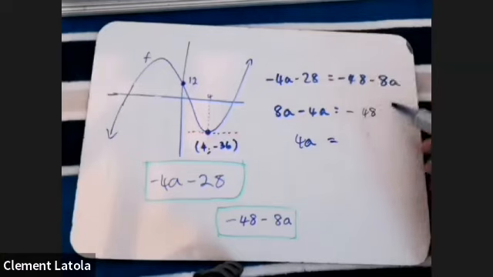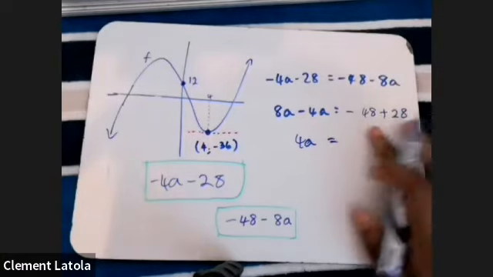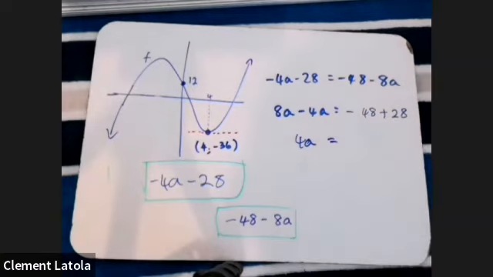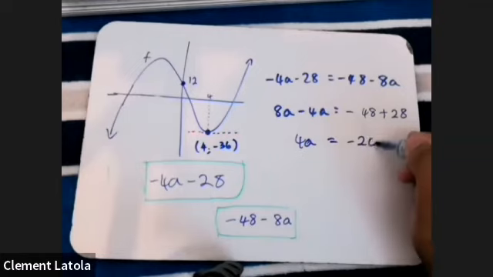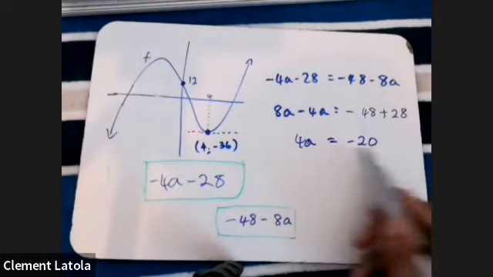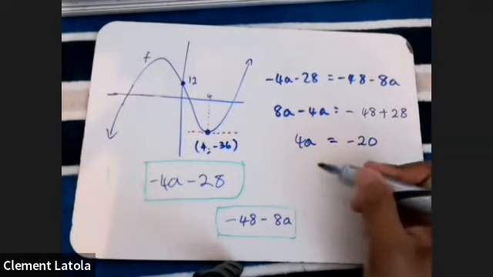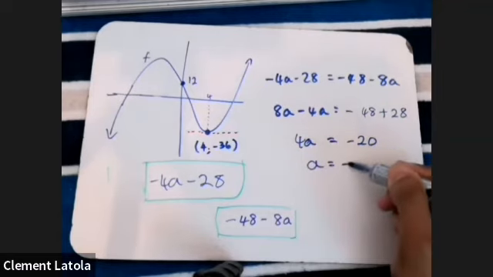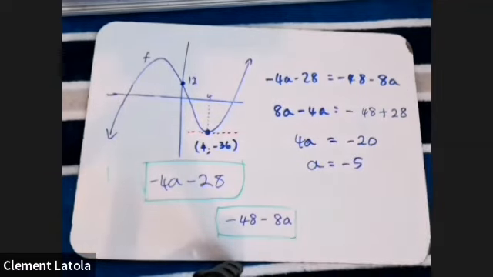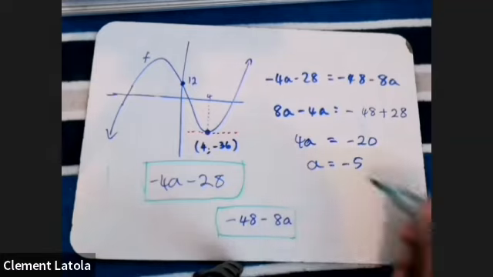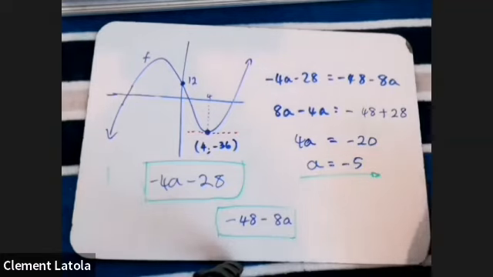You'll have to add that with the negative 48. And so this is equal to, let me do the math correctly, I think this is negative 20. And then if you divide by 4 on both sides, a is equal to negative 5. Okay, that was the answer I was hoping to end up with. A is equal to negative 5.